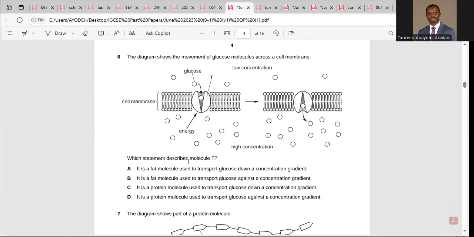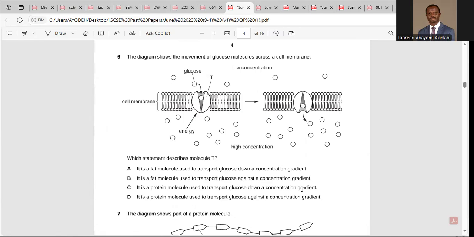For question 6, the diagram shows the movement of glucose molecules across a cell membrane. Which statement describes molecule T? Now, this question is testing the knowledge of active transport, which is still under topic 3.